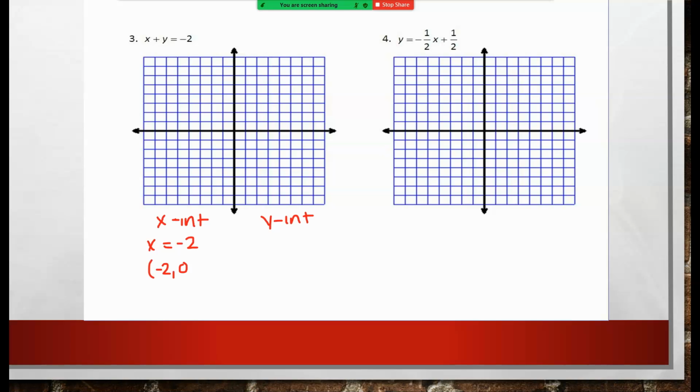So again, what that means is that you're plotting the point -2, 0. And my y-intercept is at -2, which means we're plotting the point 0, -2. And if I look at those points, I'm going down 2, right 2, or down 1, right 1.